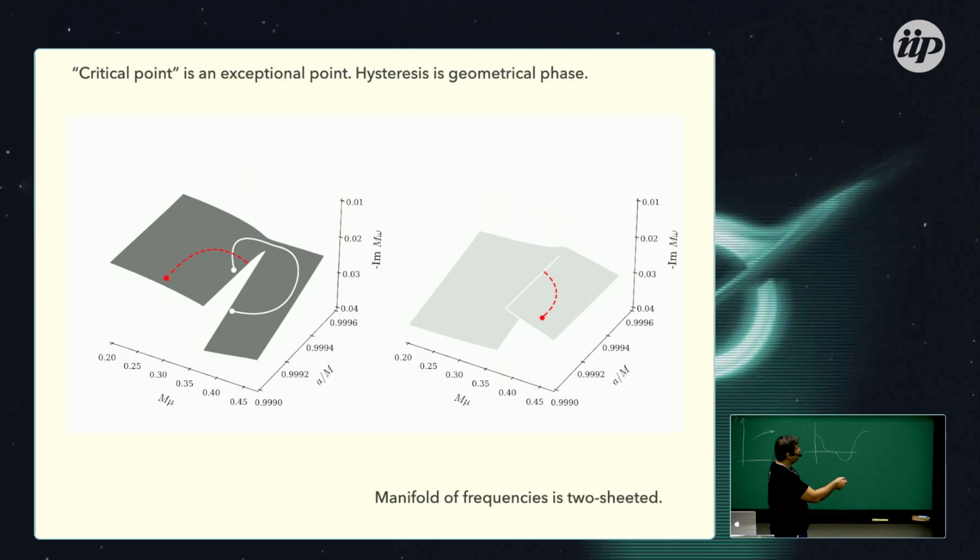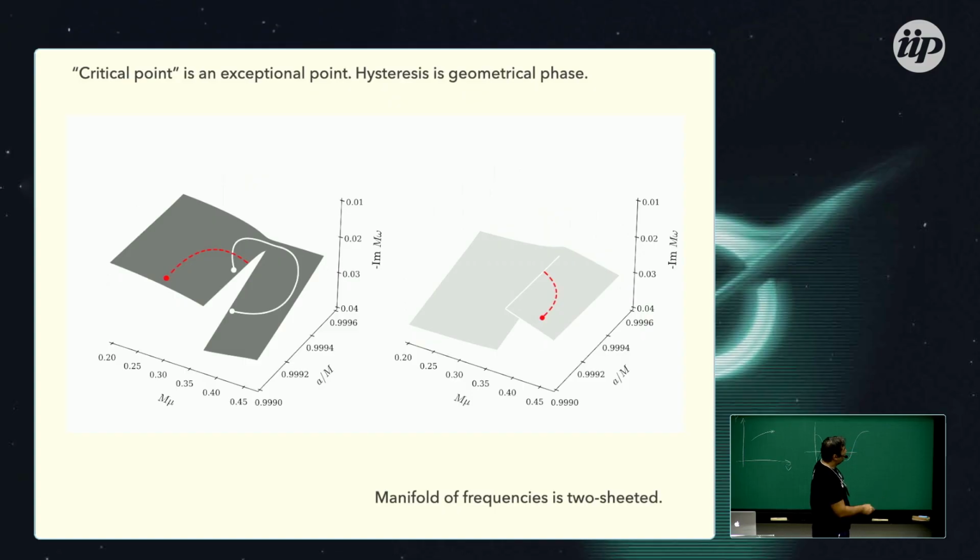This bifurcation point is actually the branch point of a two-sheeted surface of frequencies. So try to visualize that you begin from this point and then you go around this line here, you end up at this level, and then you can continue past and jump back to this sheet, but now you're following this white surface, and then you end up at this level here.